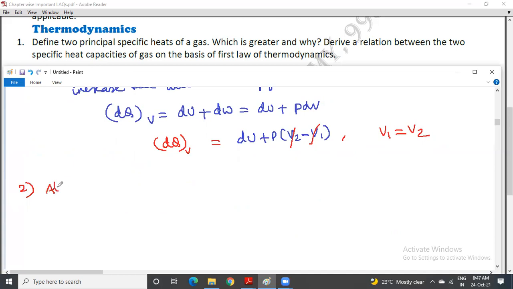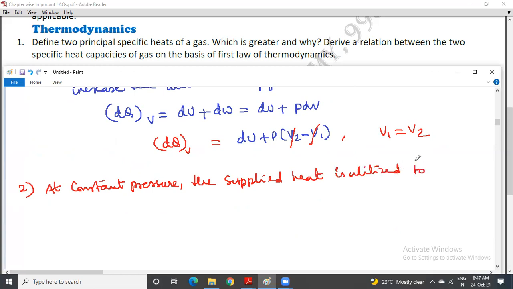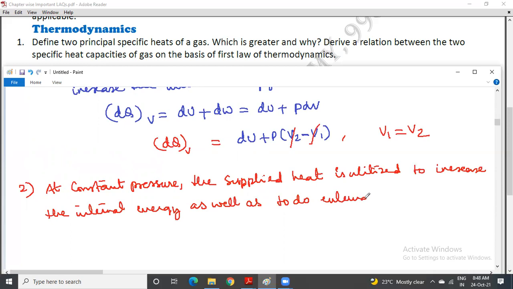at constant pressure, the supplied heat is utilized to increase the internal energy as well as to do external work.